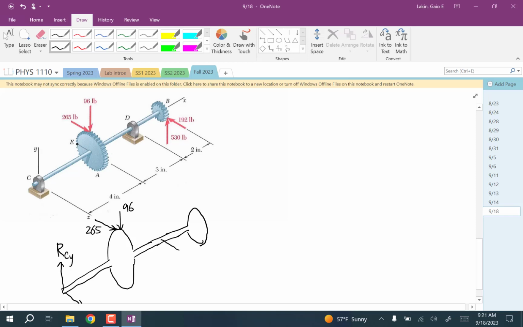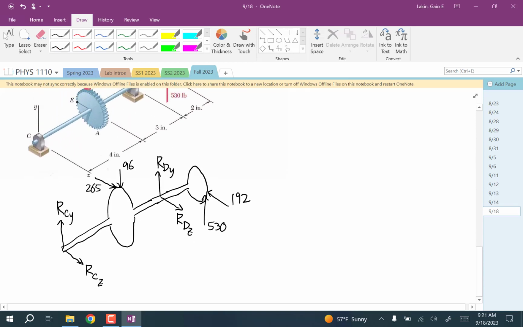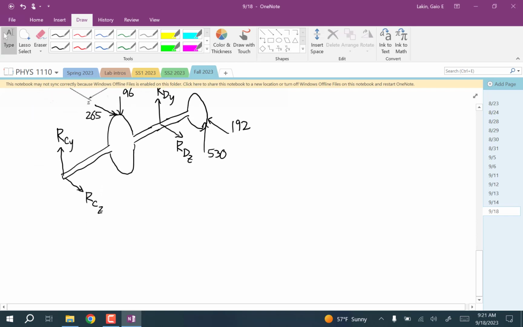At D, we have RDZ and RDY. And then 530 and 192. And I'll put my about point here.